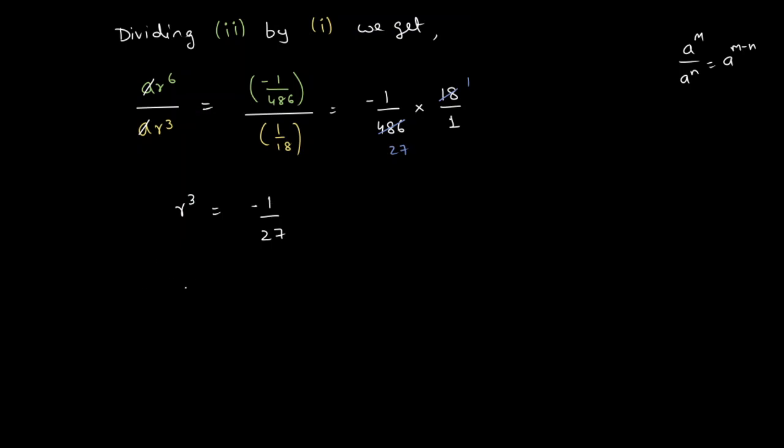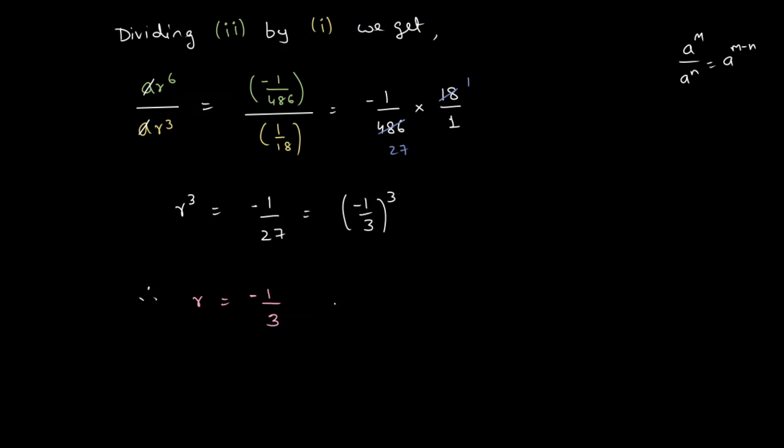That is the question we want to answer here. Negative 1 upon 27 is nothing but the cube of negative 1 upon 3. 27 is the cube of 3, and there's a negative sign. So r cube is equal to negative 1 upon 3 the whole cube, and therefore I can conclude that r is equal to negative 1 upon 3.